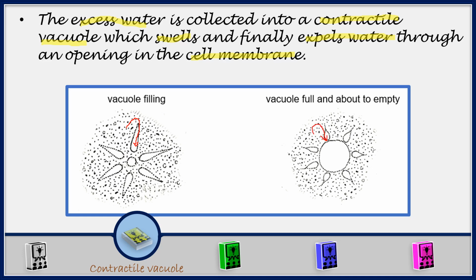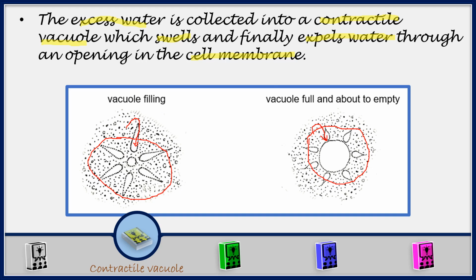And here we have one of the vacuoles, as you are seeing here. It is filling up. It is small. And this vacuole that we are seeing here is already full with water. It's ready to be emptied.